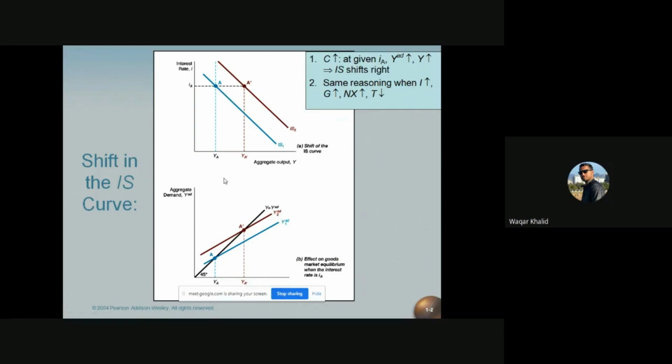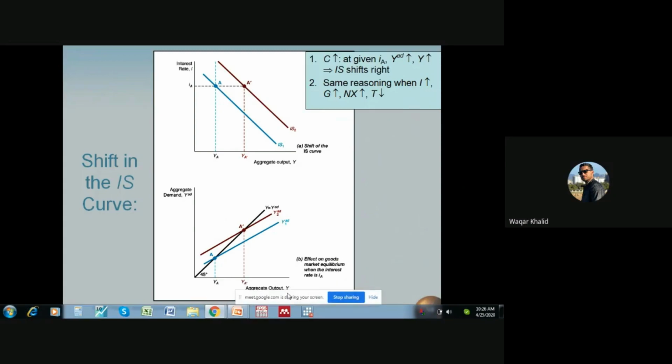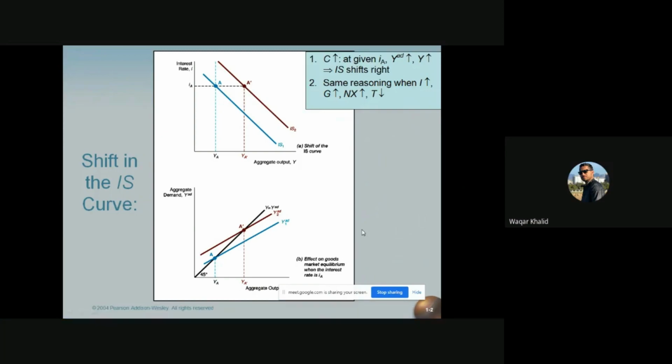Look at panel B. This is panel B. This panel B, or this graph, shows the effect on goods market equilibrium when the interest rate is iA. This panel shows that this point is an equilibrium in the goods market because the aggregate demand function Y1AD at an interest rate iA crosses the 45-degree line at an aggregate output level YA.